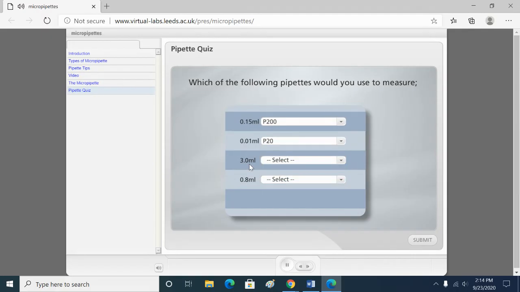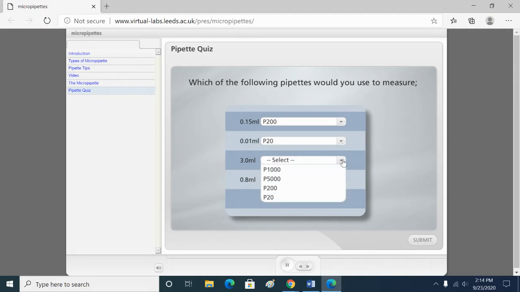Okay. What if you have 3 milliliters? How many microliters is 3 milliliters? 3,000.